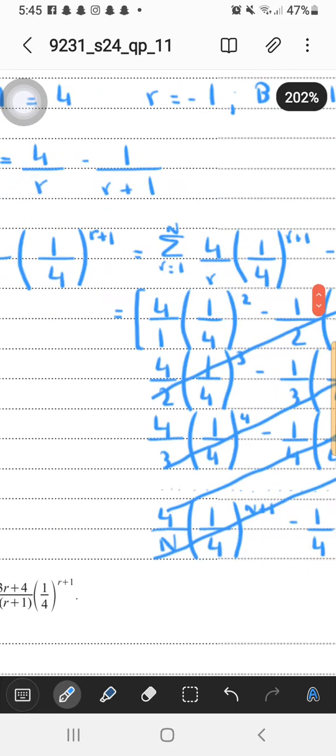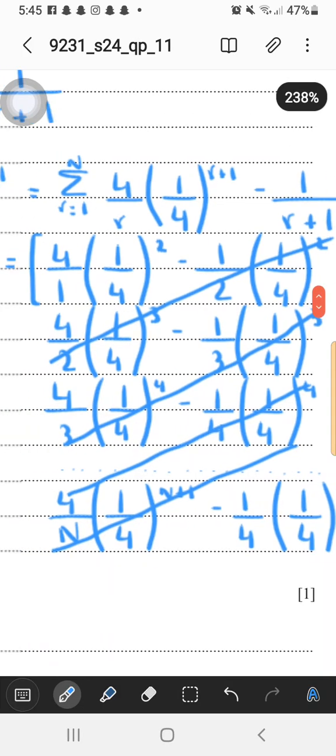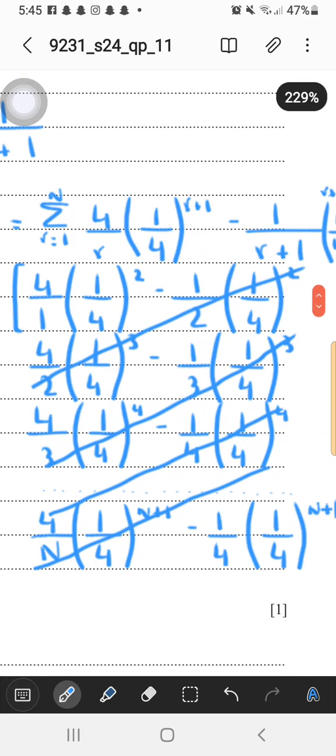So here 1 upon 4 minus 1 upon 4, wait, there's a mistake, 1 upon 4, and it is also getting multiplied by 1 upon 4 with n plus 1.